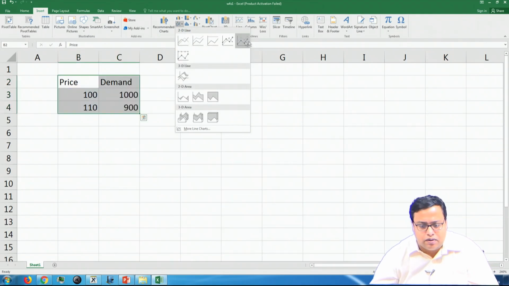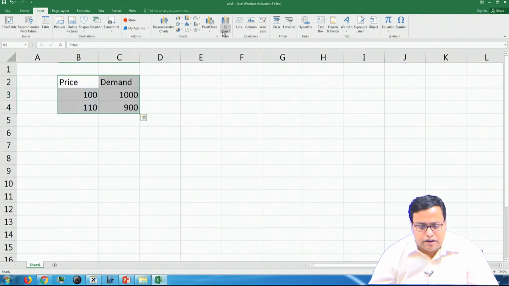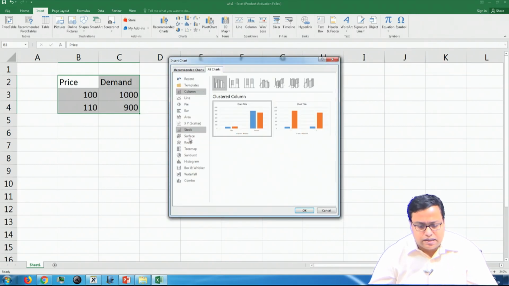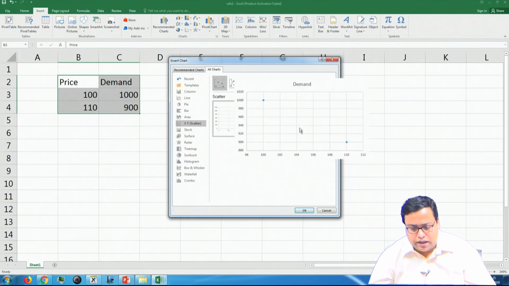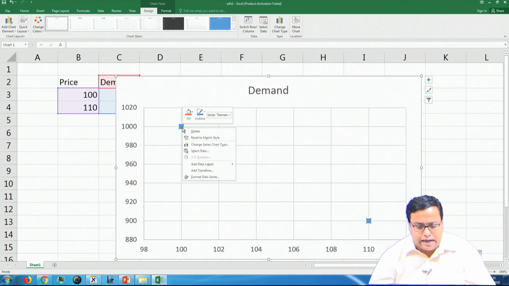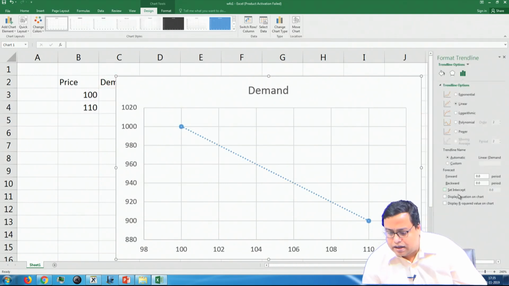I will make an XY scatter plot. Okay, it looks like this, and if I just add a trend line, this is the equation on the chart.